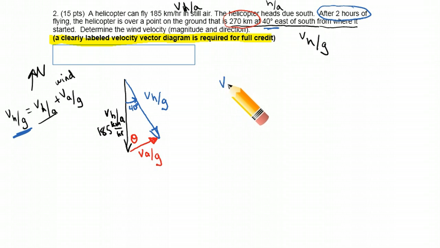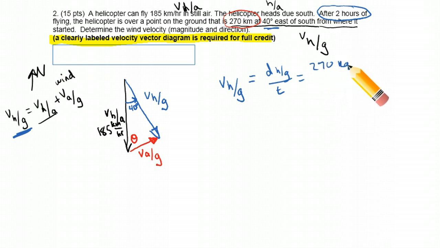The velocity of the helicopter with respect to the ground is the distance of the helicopter with respect to ground over the time. And so we know the 270 kilometers, and we know 2 hours. So it looks like about 135 kilometers per hour.